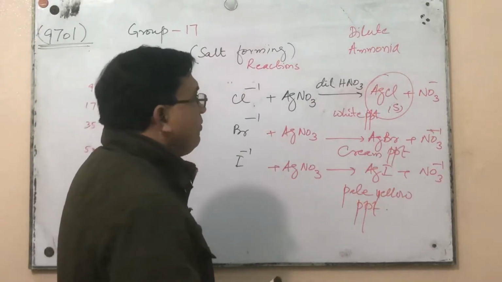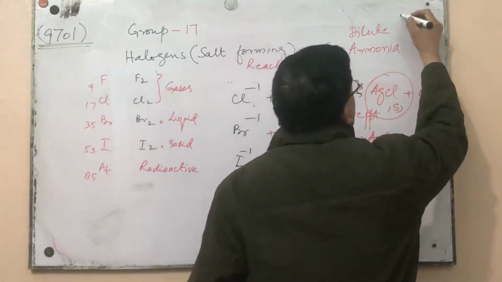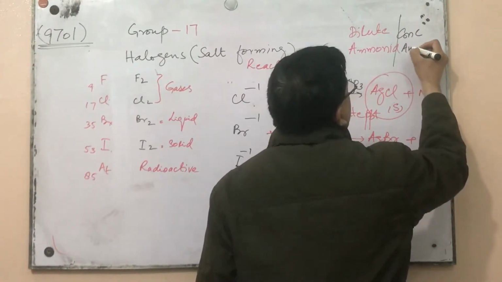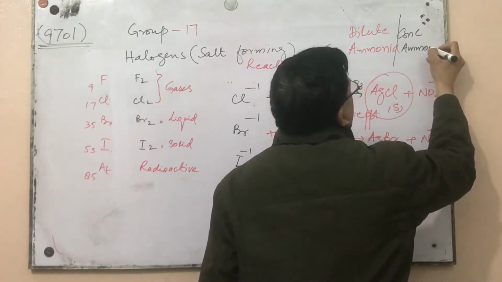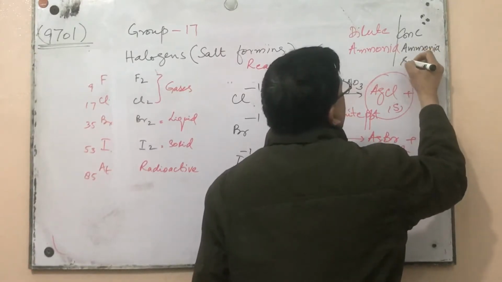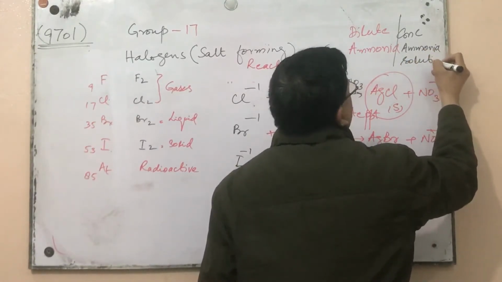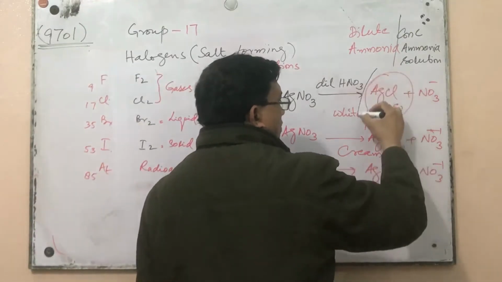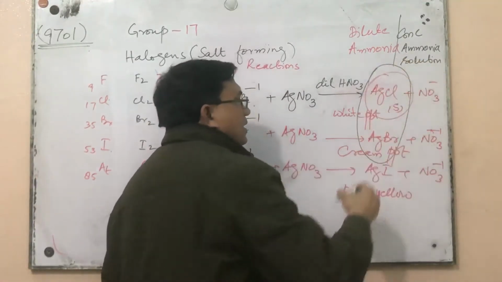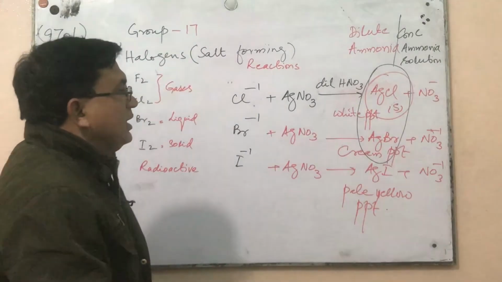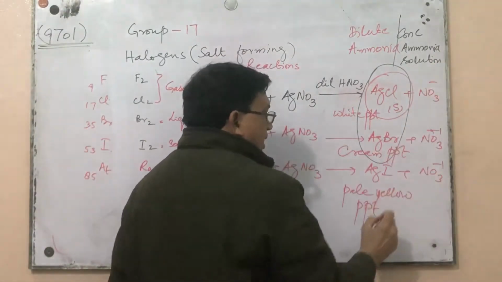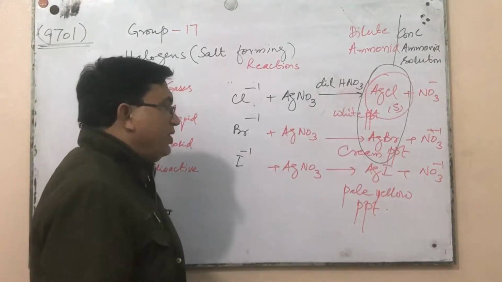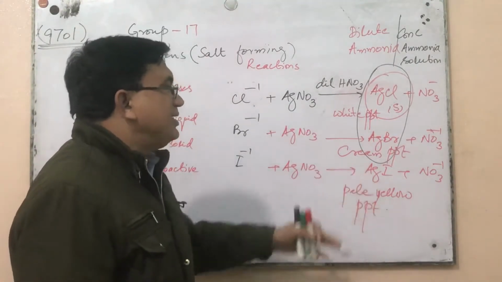Again, for the reconfirmation, if we add concentrated ammonia solution, then both of these, silver chloride and silver bromide precipitates, will be dissolved, and only the silver iodide precipitate will remain insoluble.